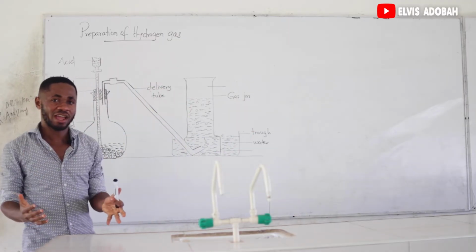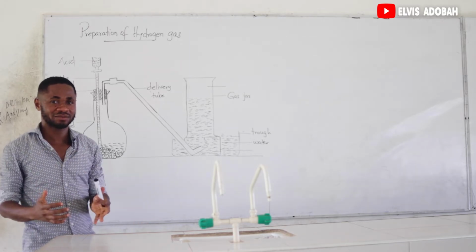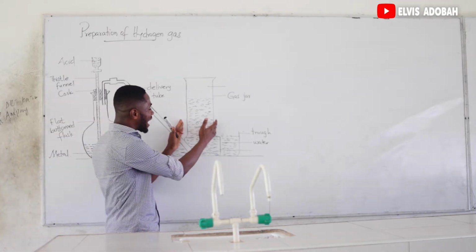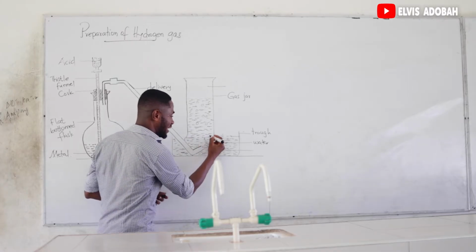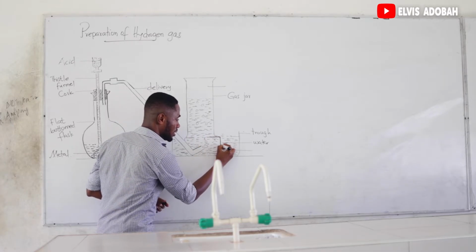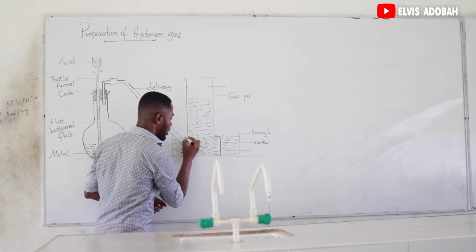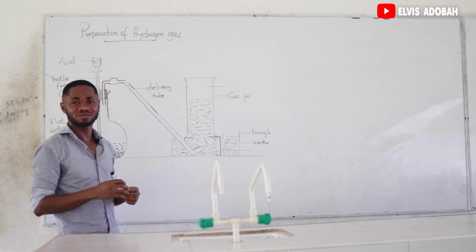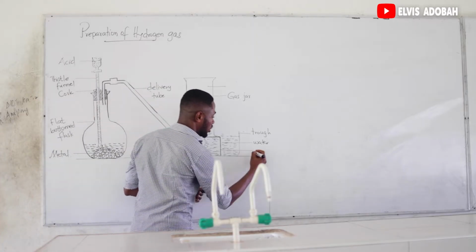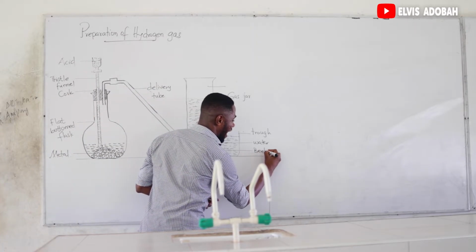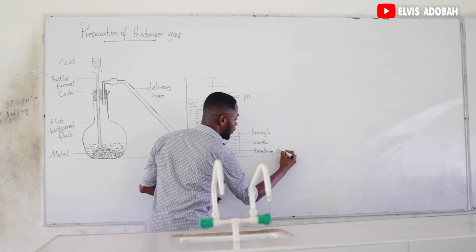Gas jar for collecting gases. But the gas jar has been placed on a certain apparatus, and that apparatus is called the beehive shelf.